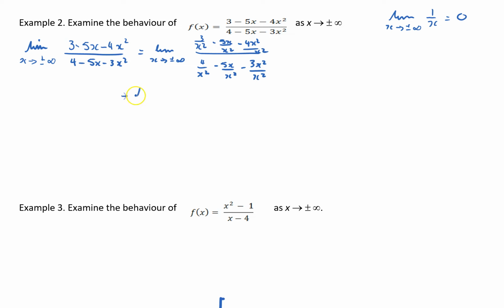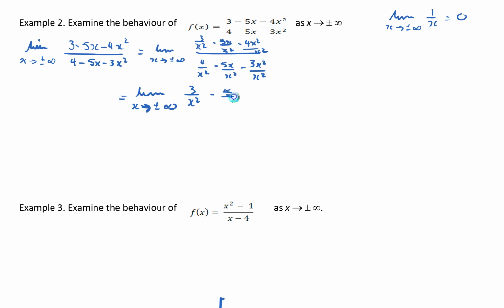Okay, simplify, will be 3 on x squared. Now, if 1 on x goes to 0, when you apply the actual limit, which we will do probably in the next line, then certainly anything on x squared will also go to 0.